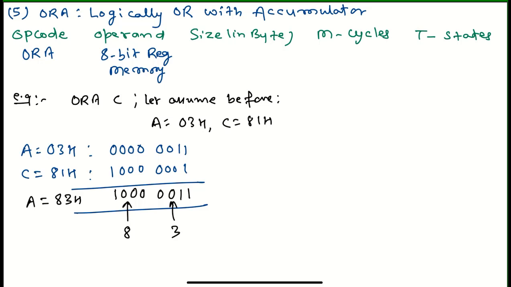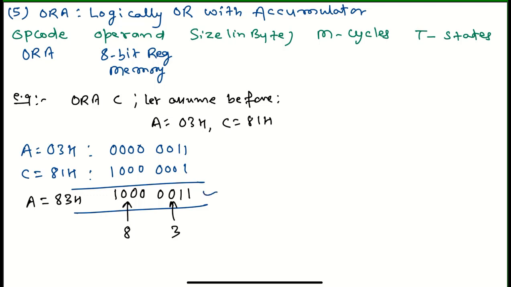Now we have to understand the effect over the flags. As for the previous instructions, the logical ANDing and logical XOR, in this logical OR also, the sign, zero and parity flags will be modified to reflect the result of the operation, and the auxiliary carry and carry, as with the XOR instruction, will be reset irrespective of the result obtained.